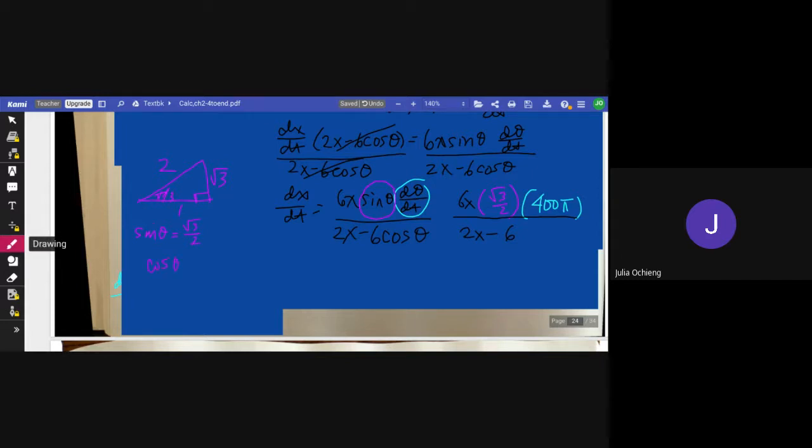Cosine of theta is adjacent over hypotenuse, so that's 1 over 2.